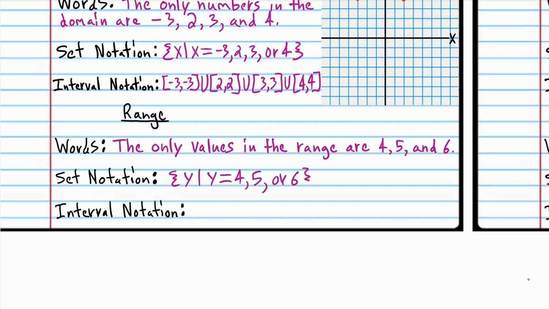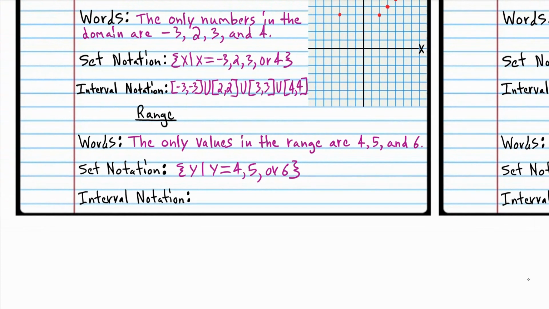Not "and 6," because y can't be 4, 5, and 6 at the same time. Now this is just listing numbers. Okay, so it's okay to use "and." You're just listing the numbers. But here you're giving restrictions on the range. So y cannot be equal to 4, 5, and 6 at the same time.